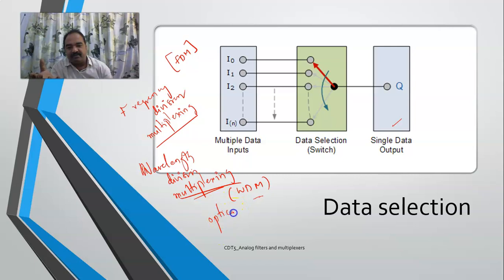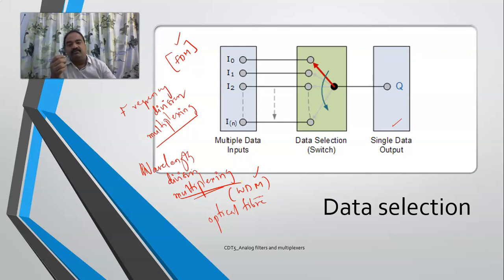Have you ever heard about optical fiber? For optical fiber, you will be transmitting signals of different wavelengths, and you are trying to project it as a single line. You will be selecting the signals based upon the wavelength. So it is just like having multiple signals, and you are selecting one among them based upon your requirement. Analog multiplexers employ either frequency or wavelength.